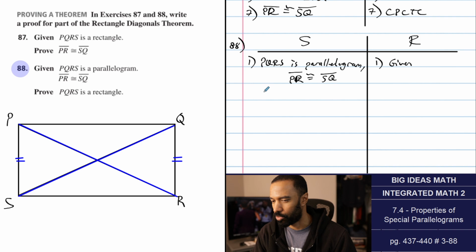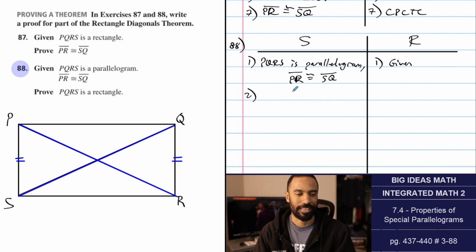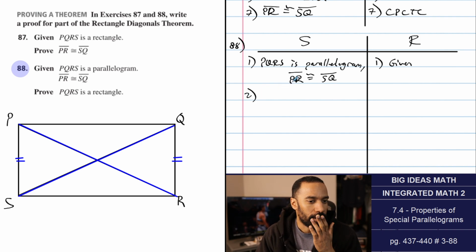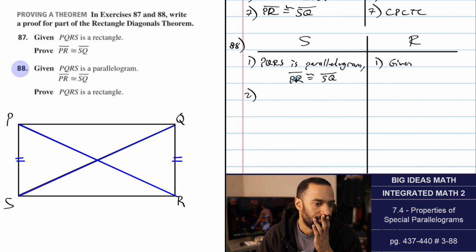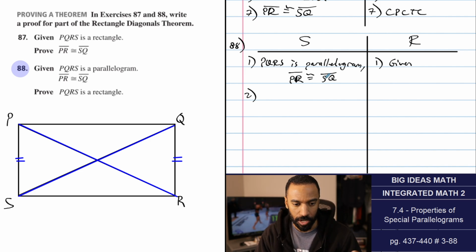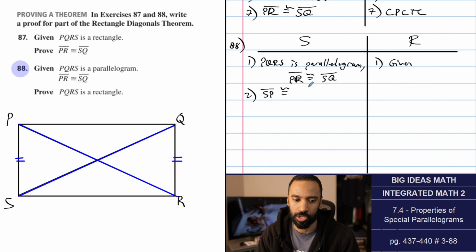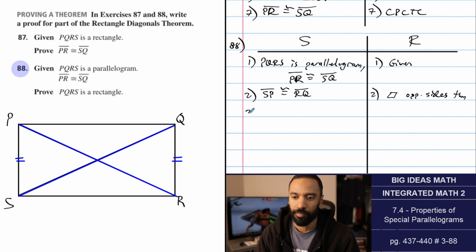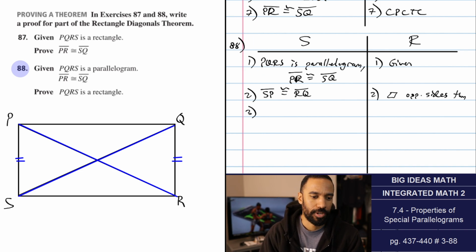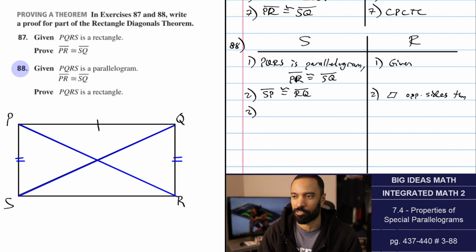All right. PS congruent to RQ, or SP congruent to RQ. Opposite sides, parallelogram opposite sides theorem. PQ congruent to QP, reflexive property.